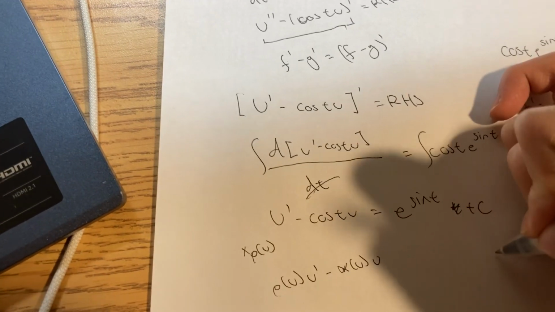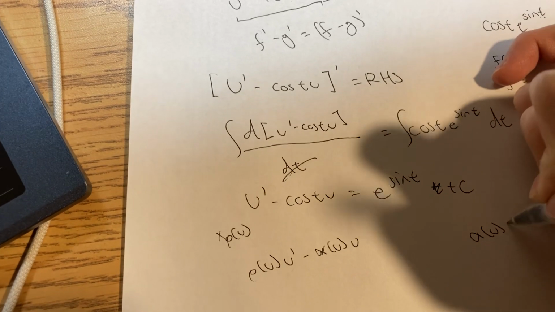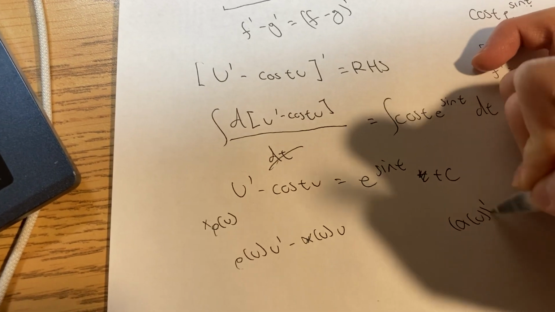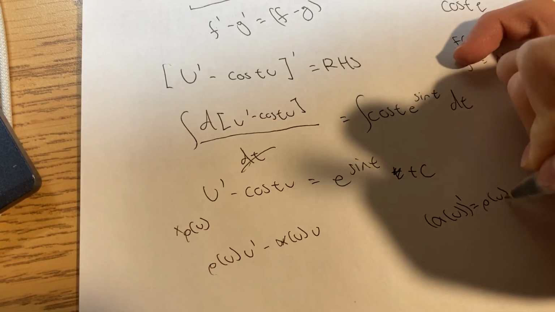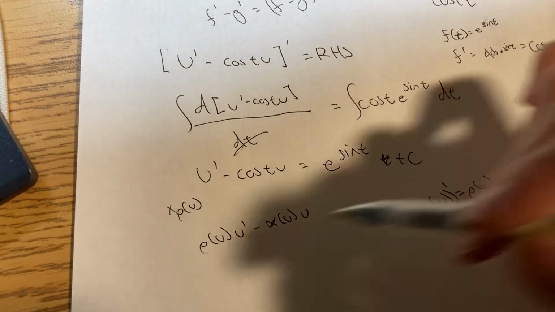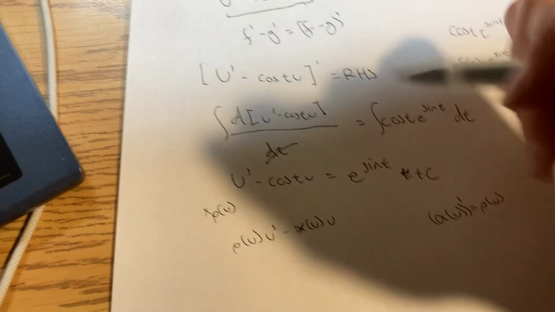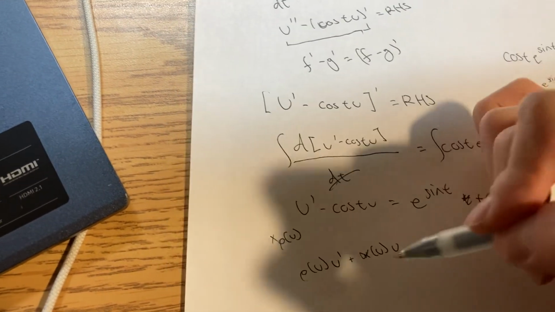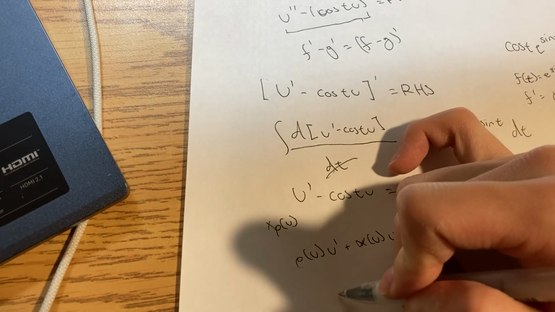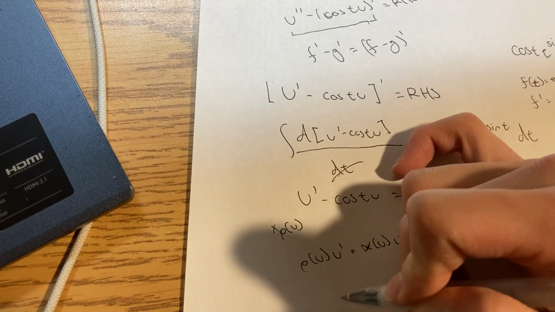If the derivative of alpha is equal to rho, then we can just combine them under the product rule. We add a plus sign right there. How does this work?